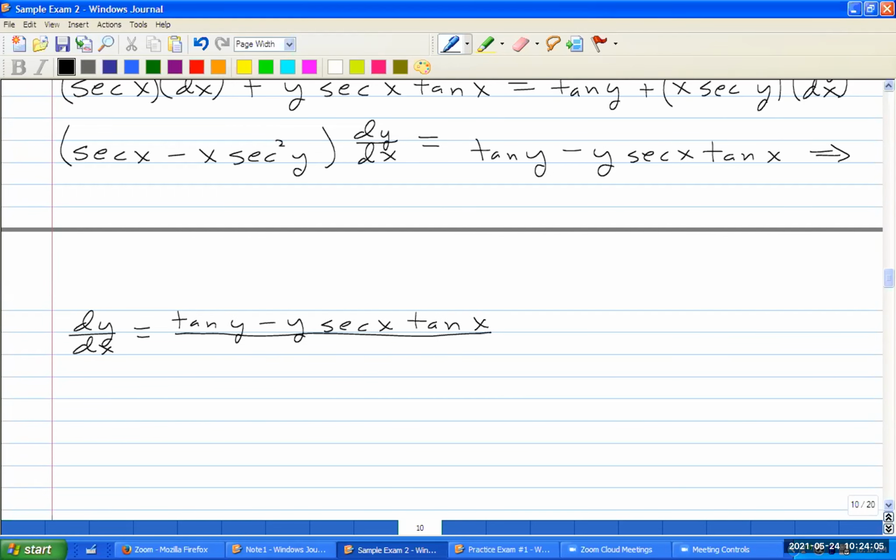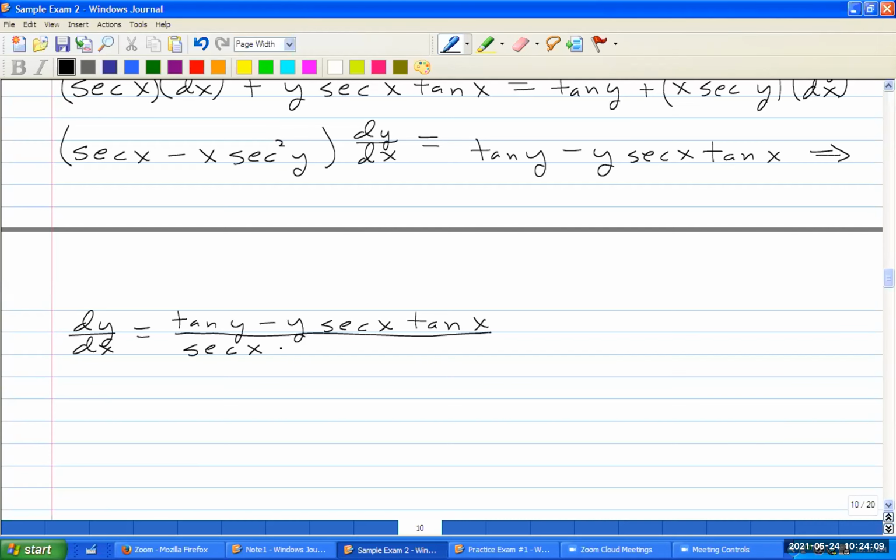Secant x minus x secant squared y. And that's your answer. Any questions about that? Okay. If there are no questions about that, then let's do the next problem.